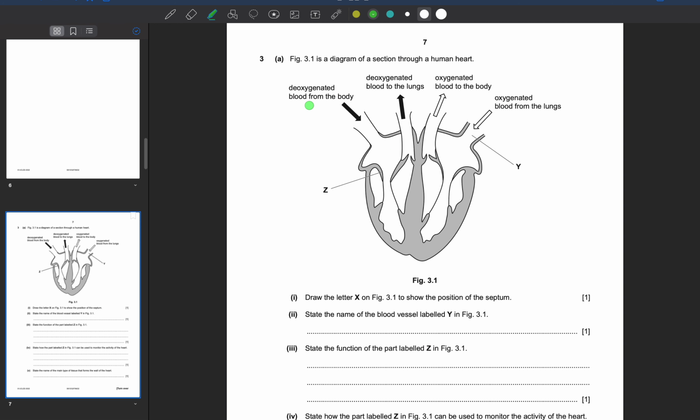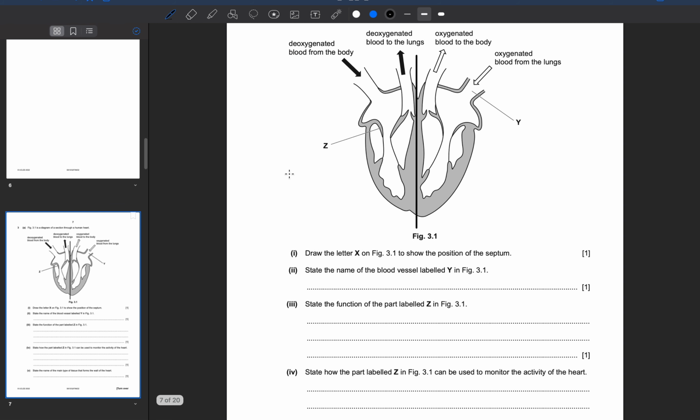I have deoxygenated blood from the body, deoxygenated blood to the lungs, oxygenated blood to the body, and oxygenated blood from the lungs. As we know, the heart is always divided into 2. If we divide the heart like this, I have two sides, the left side and the right side. Even if he doesn't tell me, I already know that the left side contains oxygenated blood while the right side contains deoxygenated blood.